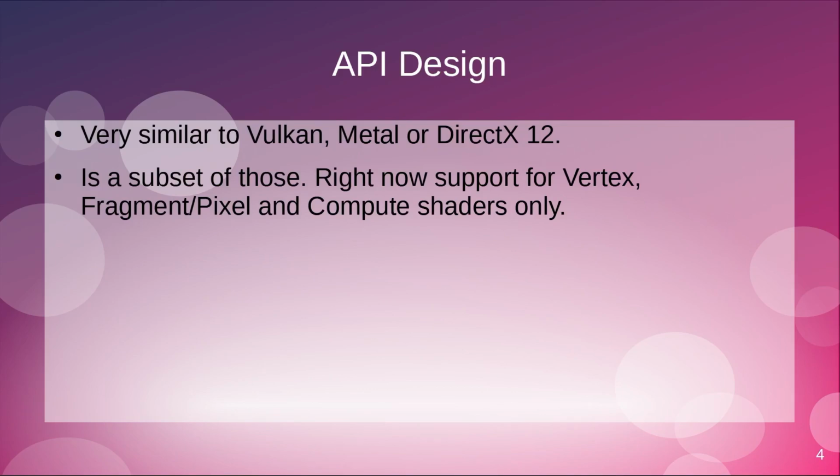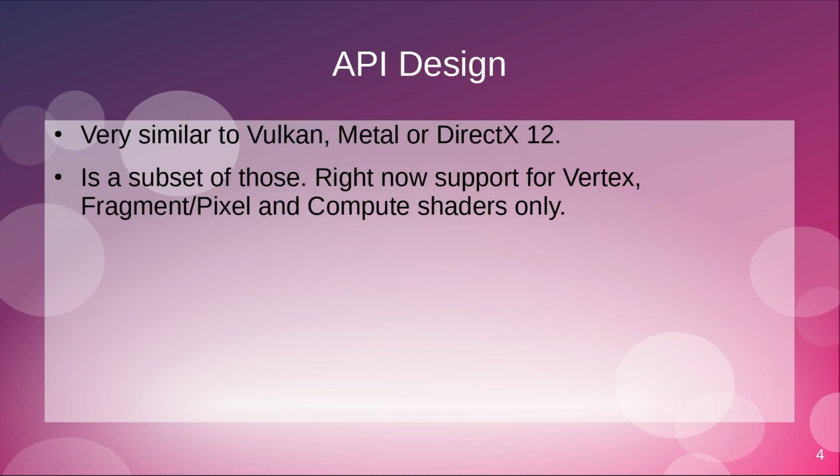Vertex, fragment and compute shaders. If you don't know what that is, you can probably sleep on this part a bit. But for those who do know, basically with WebGPU you can do vertex shaders and fragment shaders, very common. What's new is it has compute shaders. So in WebGL you didn't have compute shaders, now you do.